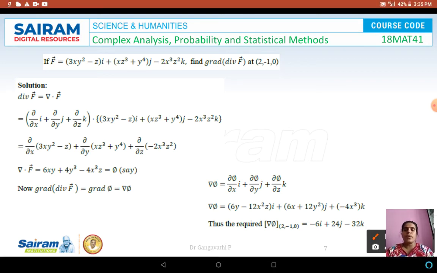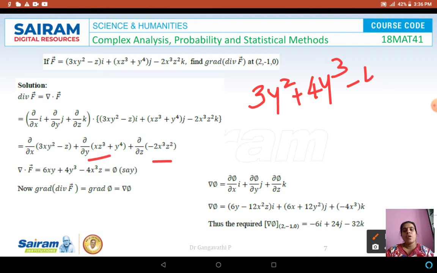So ∂/∂x operating on this gives us, differentiation is with respect to x, so we get only 3y² from the first term, and the z term becomes 0. From the next term, differentiation is with respect to y, so we get plus 4y³. And from the last term with respect to z, we get minus 4x³z.